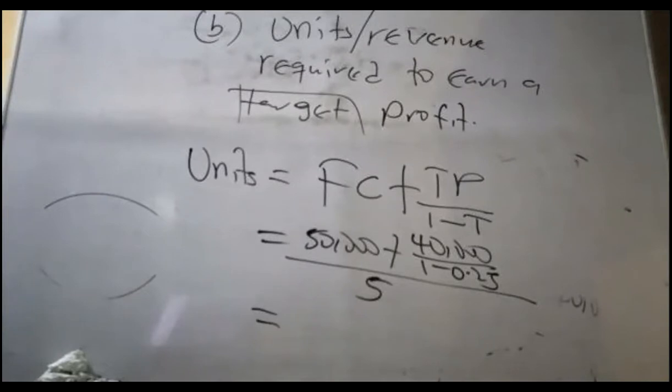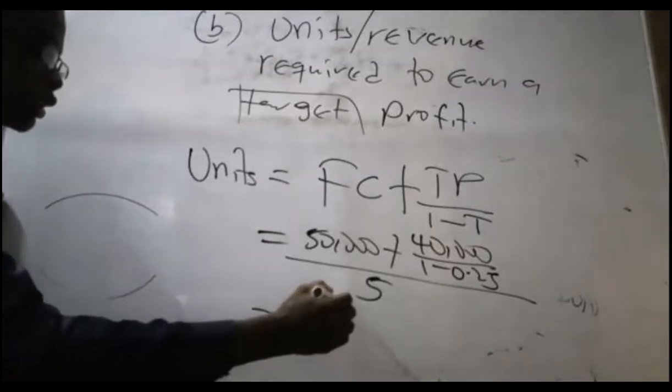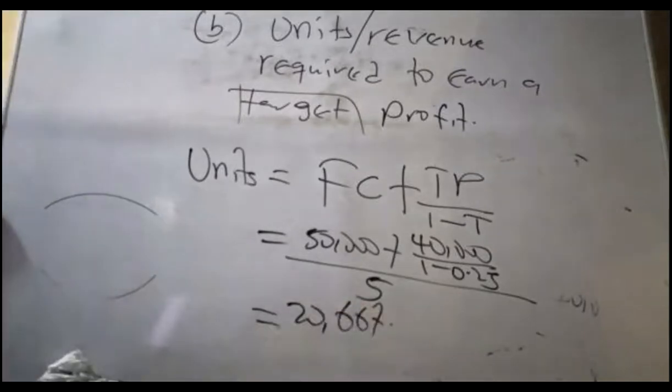And the answer is 20,667. That is perfect. So that's all. I'm done with the units required to earn a target profit.